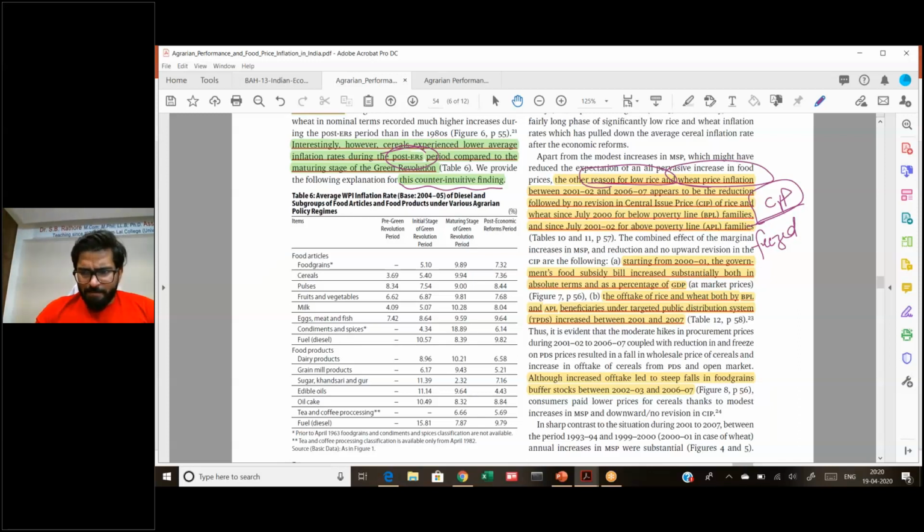The FCI buys the food from the farmers at the procurement price, which can be equal to MSP or can be greater than the MSP. This is the price at which per quintal the FCI will buy. But over and above that, this is just the cost of the grains. The FCI will have to move this commodity.